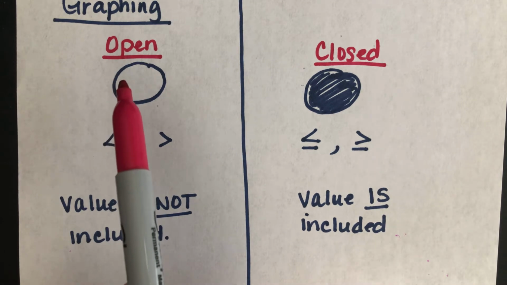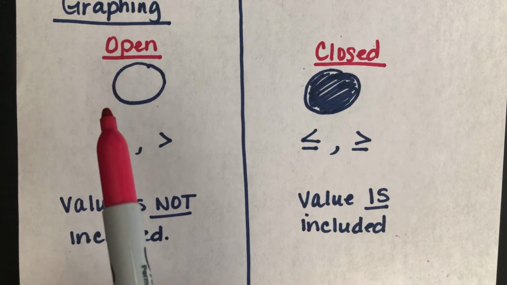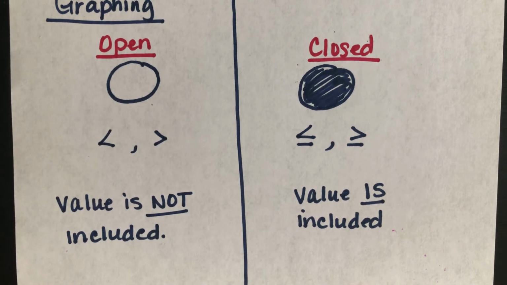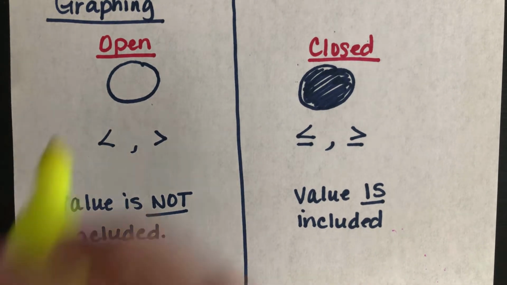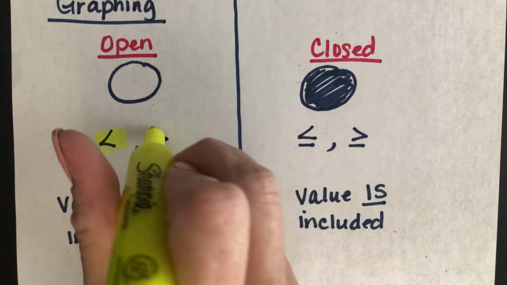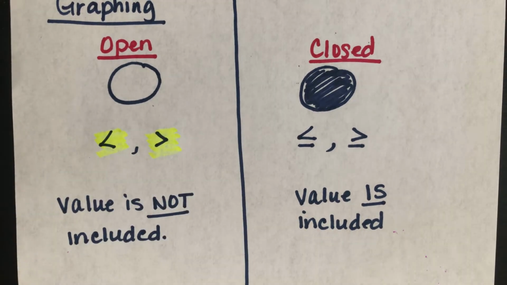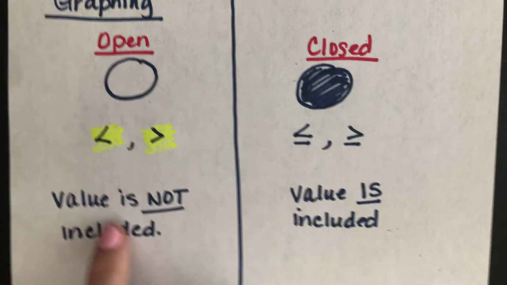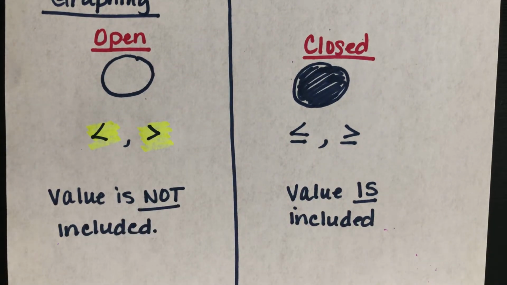Open means that it's not shaded in, there's no shading to this. When you see the inequality symbols, such as less than or greater than, you know that if that circle is on that number, that value is not included. This will make more sense in a minute.